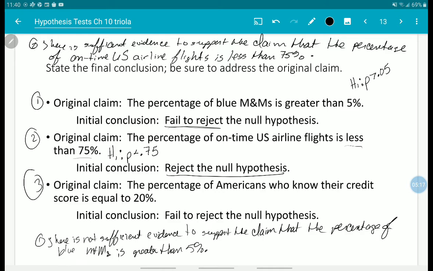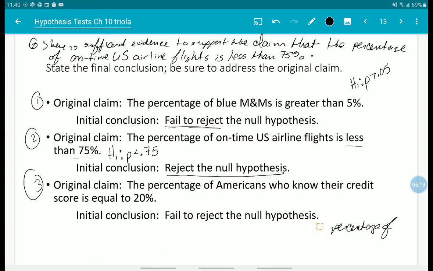So then let's look at 3. The percentage of Americans who know their credit score is equal to 20%. So they have given us the null hypothesis here. P is equal to 0.20. So the alternative would be not equal to 0.20.